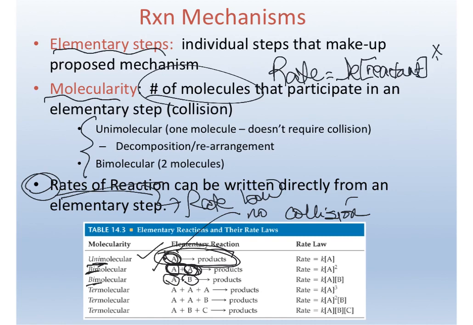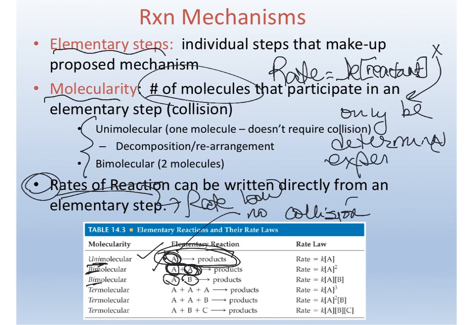Now, for an overall reaction, that exponent can only be determined experimentally. Okay, that's for an overall reaction. But luckily, what's really cool is that for an elementary reaction, they can be determined directly from the elementary reaction. So notice from this first unimolecular reaction, the rate law is simply rate equals rate constant times the concentration of the reactant A.